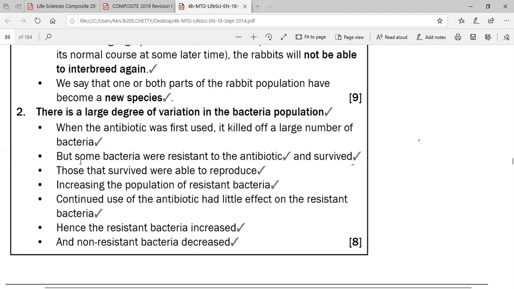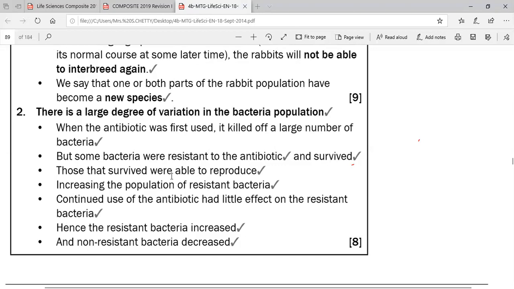One mark we would have got, I would have said that though there's a large degree of variation, some bacteria were not resistant, while some bacteria had a medium or high resistance to the antibiotic. When the antibiotic was used, it killed off those that were not resistant. Those who were medium and high resistance survived.